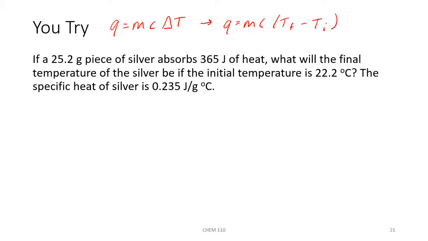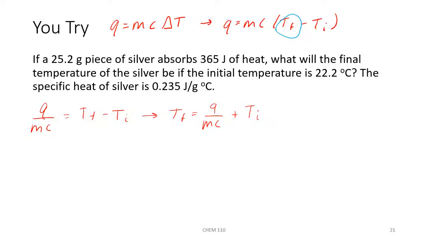We can rearrange to determine T final. Q divided by m times c will be equal to T final minus T initial. And then if we add T initial to both sides of our equation, we would get T final equals Q divided by mc plus T sub i.